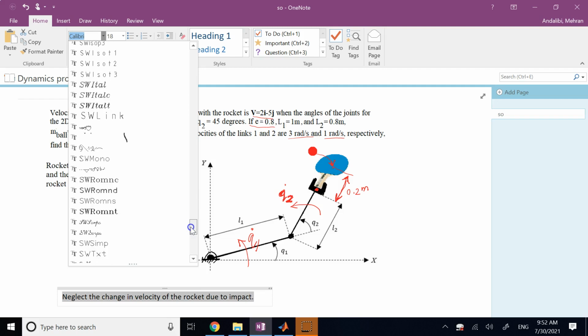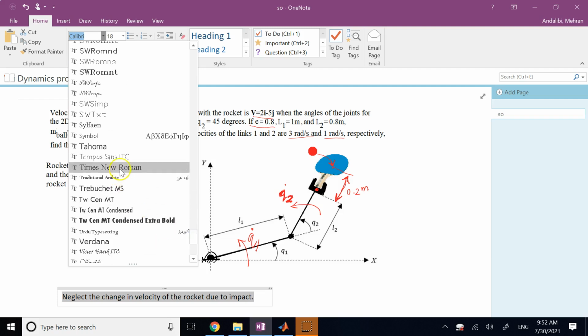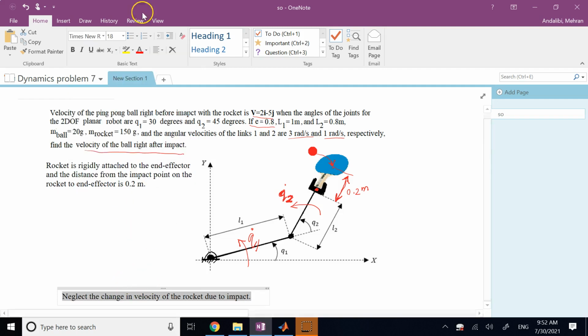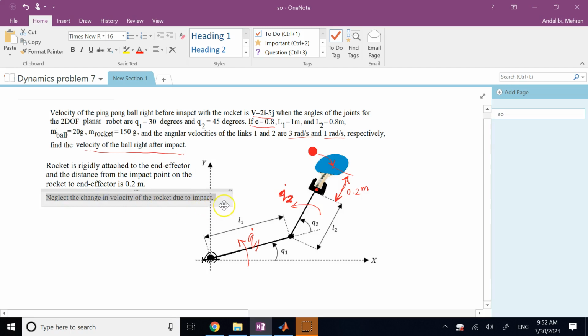They are stiff objects with big masses, and you can assume that the change in velocity of the racket due to impact can be neglected. So velocity of the racket after impact is whatever it is before impact.